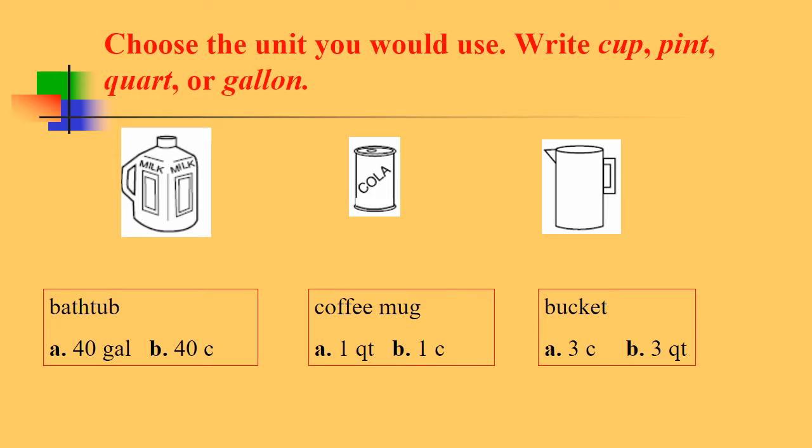GAL is the abbreviation, the short for gallon, and C is the short for cup. Yes, you will choose A. You will use the gallon to fill up a bathtub.